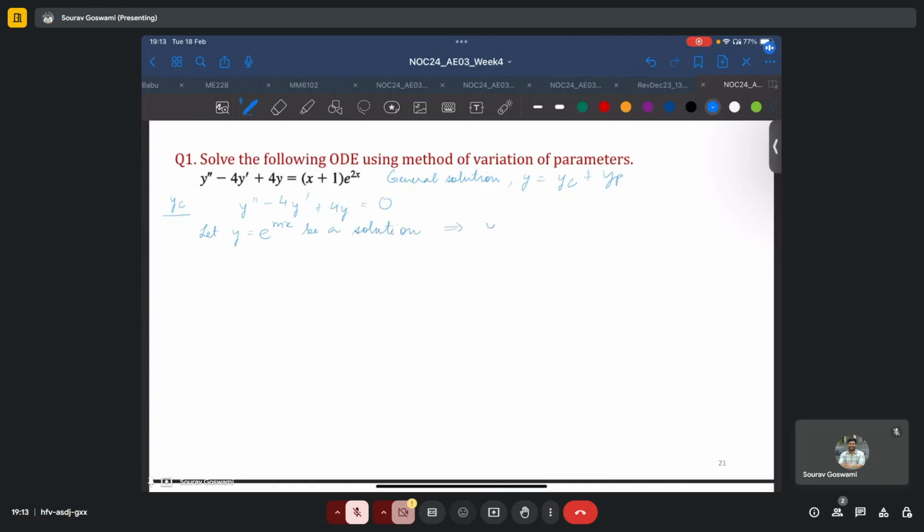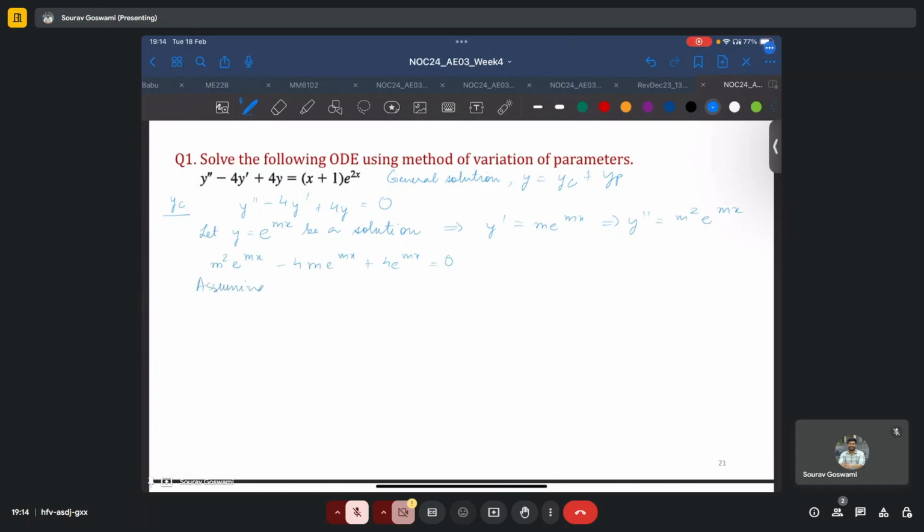And this would imply that y prime is m e power mx and y double prime is m square e power mx. When we substitute this back into our original equation, what we end up with is m square e power mx minus 4m e power mx plus 4 e power mx is equal to 0.